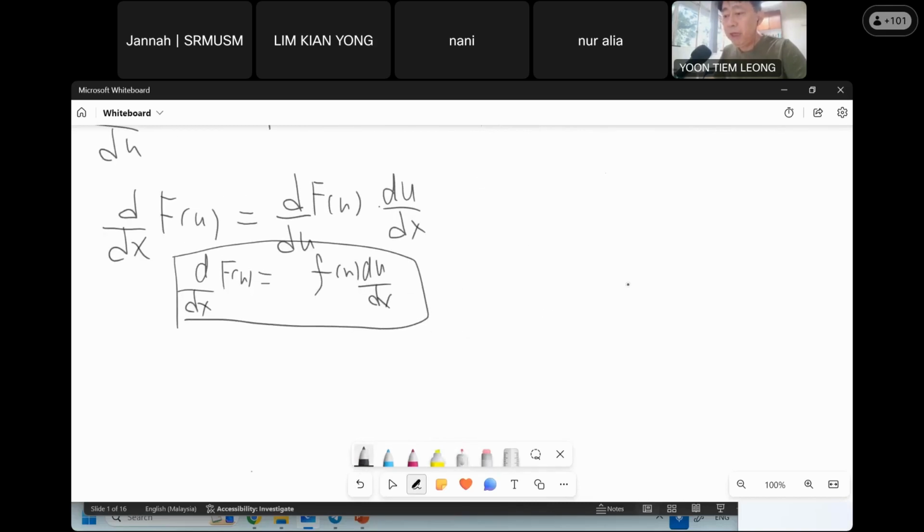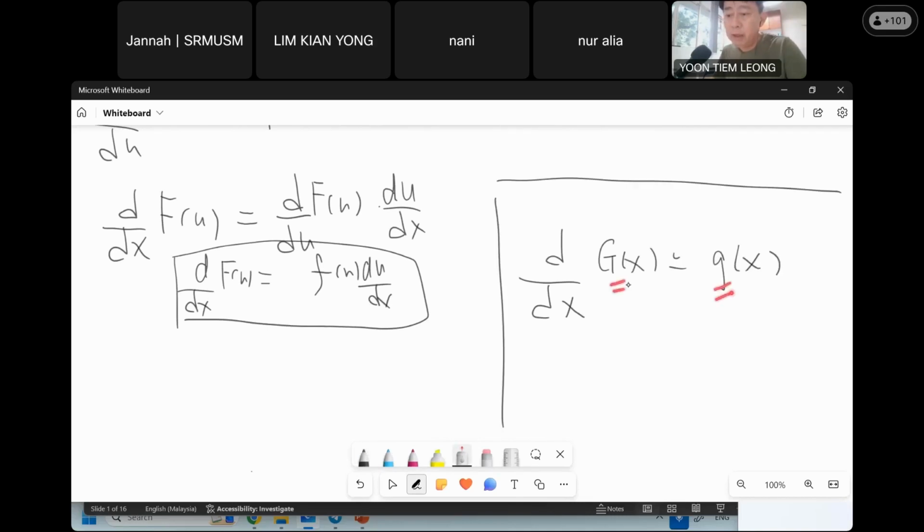If you have this simple relationship, d/dx of, say, a capital function G of x equals g of x, this is just an example, where capital function G is the antiderivative of the small function g.